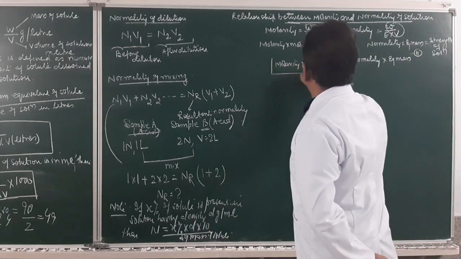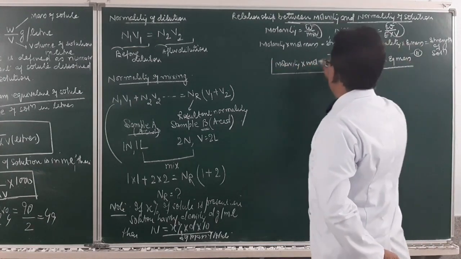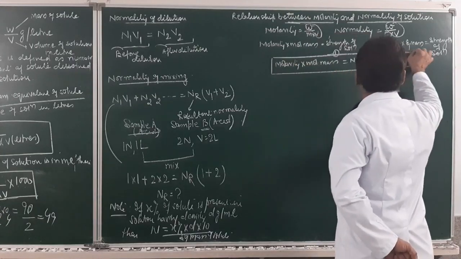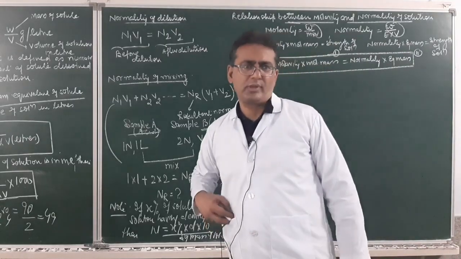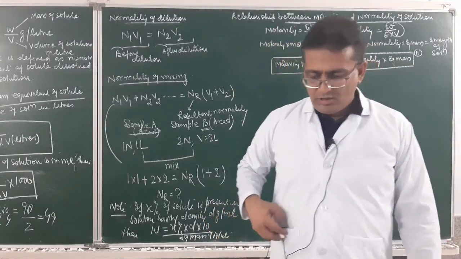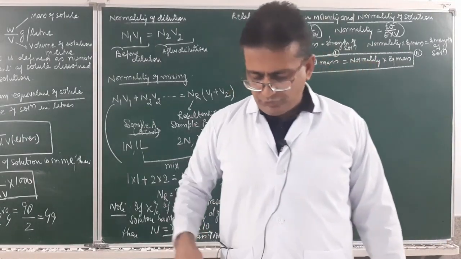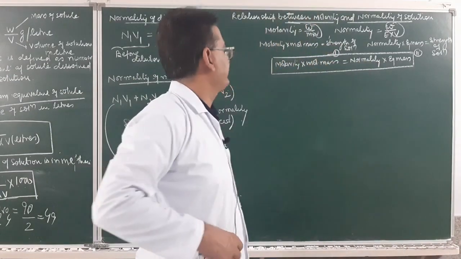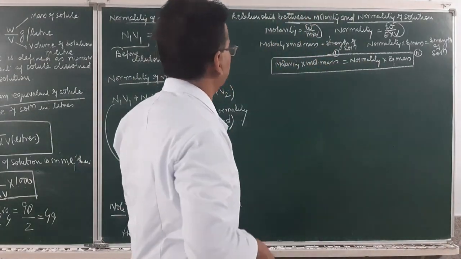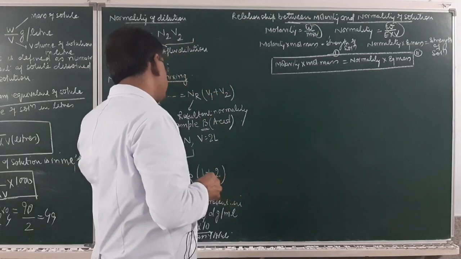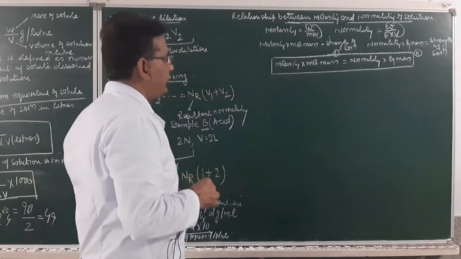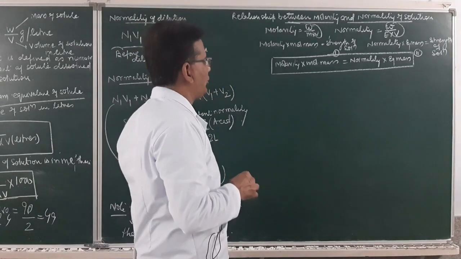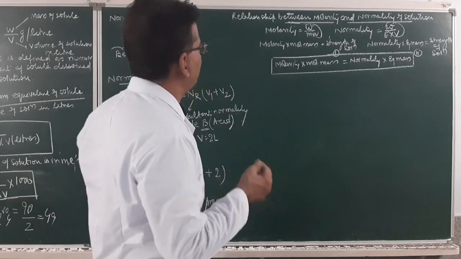By this relationship, if the molarity of the solution is given, normality can be obtained. Am I clear? So one more relationship we have obtained, that is the relationship between the molarity and the normality of the solution. Molarity divided by normality will be equal to equivalent mass divided by molecular mass, which can also be equal to the n factor.